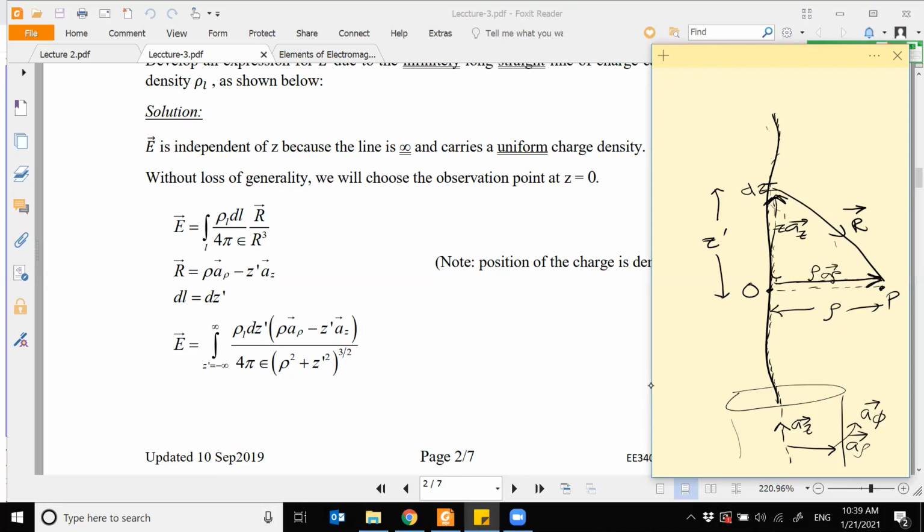Right, my friend? Okay, so I want to find this R, so I need to go in the opposite direction here. Therefore it is minus rho a rho and along the same direction, so it is plus z dash a z. Clear?